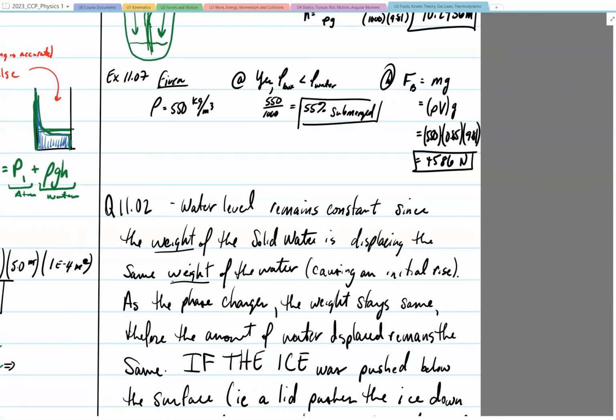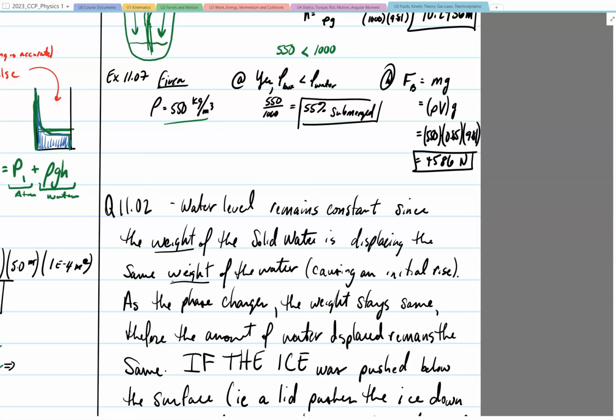Okay, and in example number 11.7, we're being told that a solid pine box with the density of 550 kilograms per cubic meter is placed in a pool of water, and we want to know if that box will float. Well, a box will float if the density of the item is less than the density of the water, and that is true because we have 550 kilograms per cubic meter, which is less than 1,000 kilograms per cubic meter.